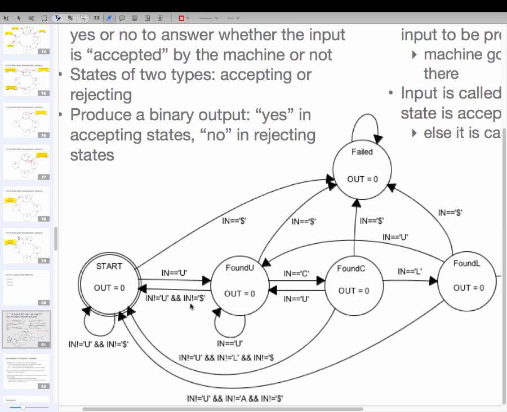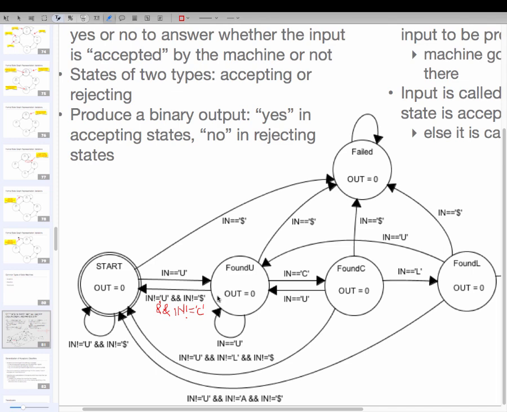And then the final possibility, actually I just noticed that I have a typo out here, and this should say: if I didn't see a U and didn't see a dollar and didn't see a C, go back to the start state.